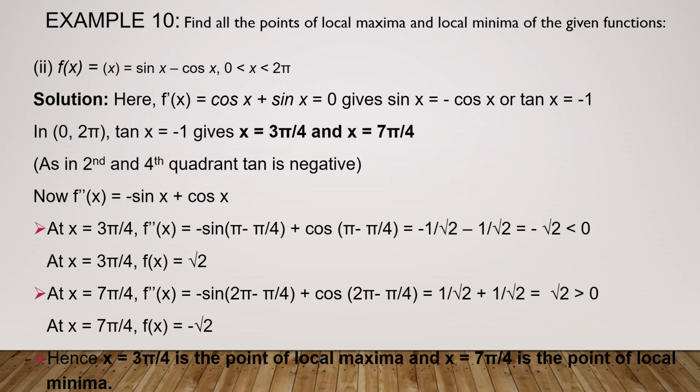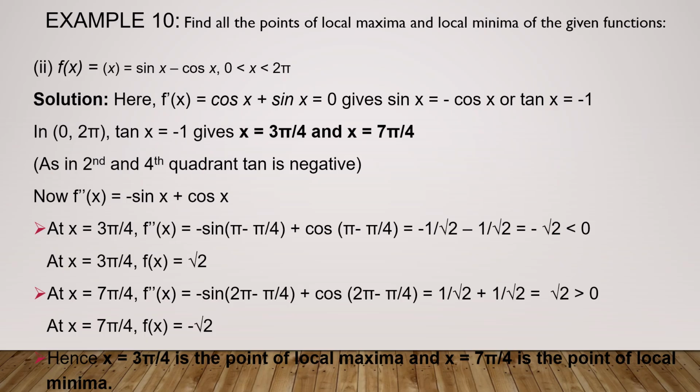At x is equal to 3 pi by 4, f double dash of x is minus sin 3 pi by 4 plus cos 3 pi by 4. 3 pi by 4 can be written as pi minus pi by 4. We have seen this simplification in trigonometric functions, but once again. Now, sin of pi minus pi by 4, it is in the second quadrant.